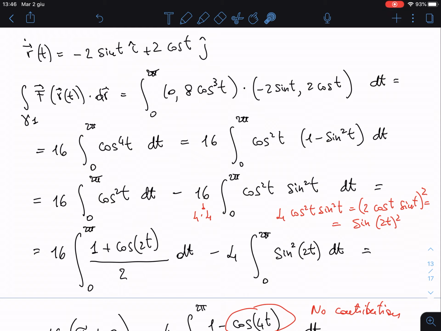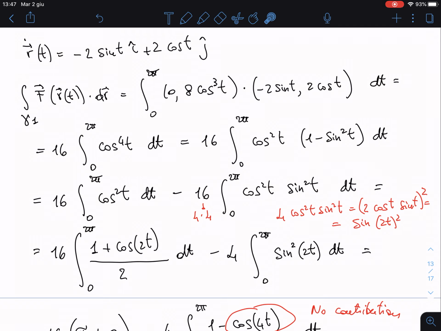But what I chose here is to decompose cosine to the 4th as cosine squared times cosine squared, which I write here as 1 minus sine squared of t. So in the following passage, I just separate the two terms. In the first integral, we have cosine squared, then minus 16 cosine squared sine squared dt.